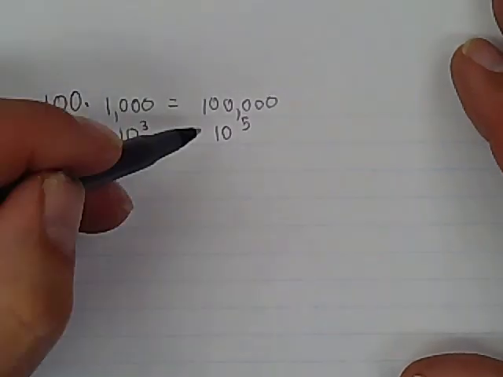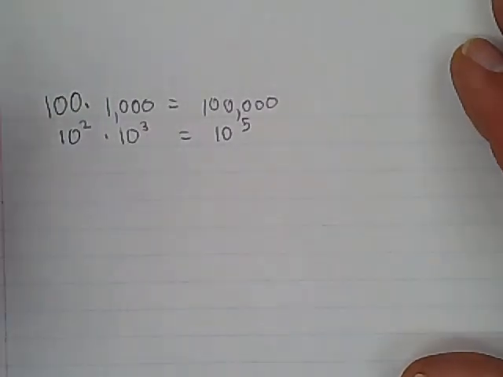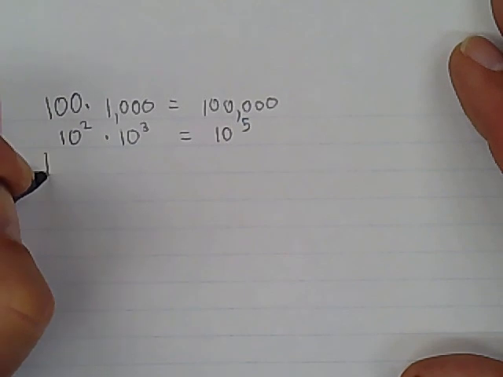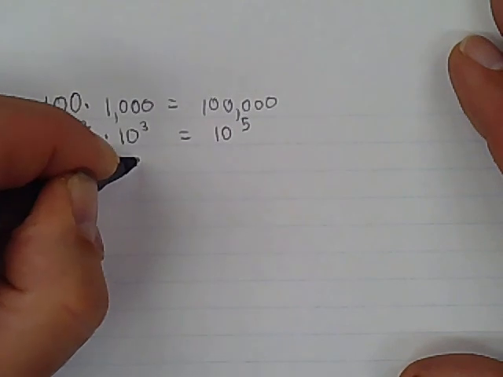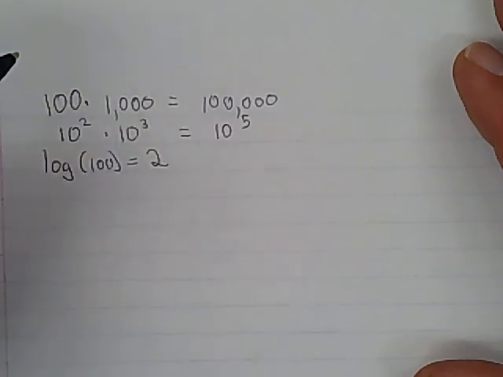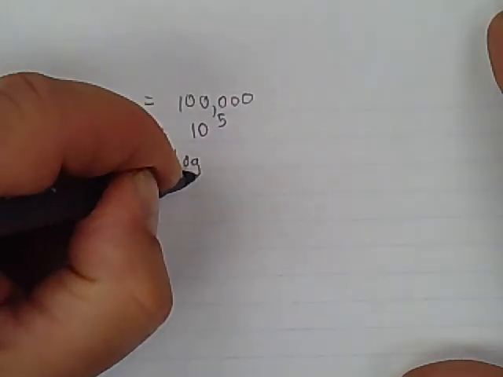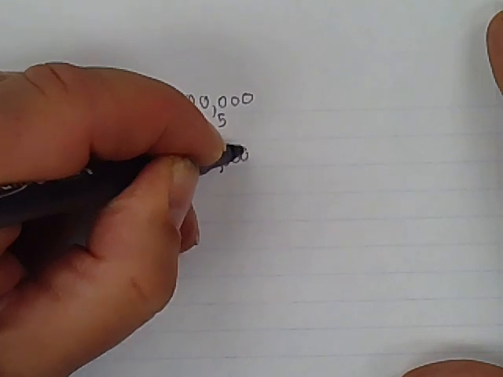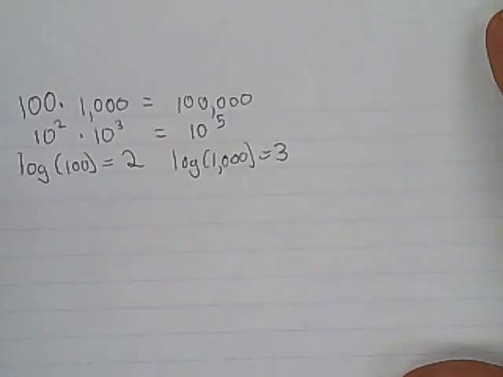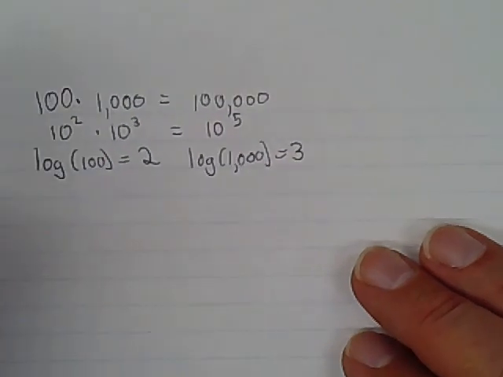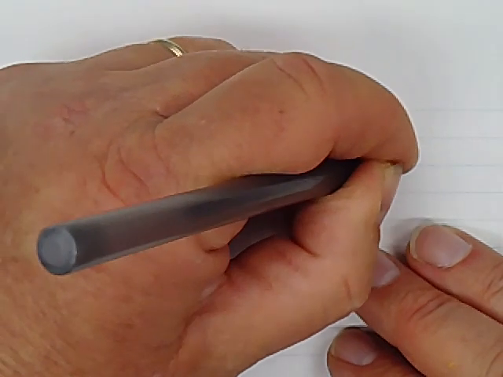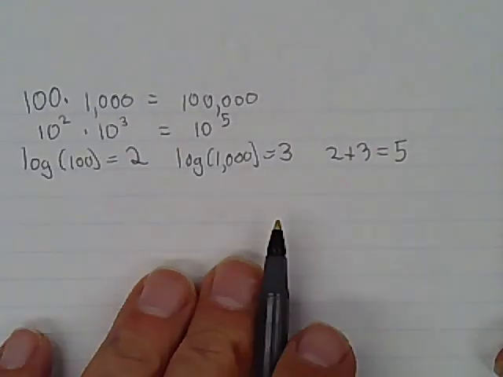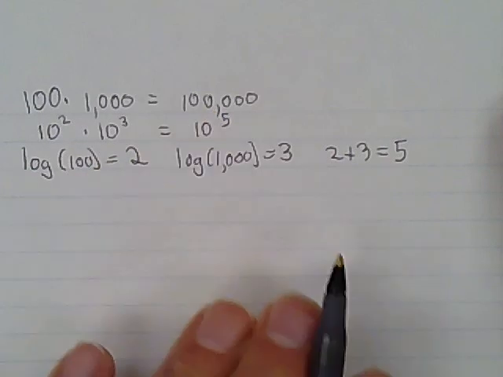So exponents add together. When you take the log of 100, that's 2. When you take the log of 1,000, that's 3. And sure enough, 2 plus 3 equals 5, which is the log of 100,000.